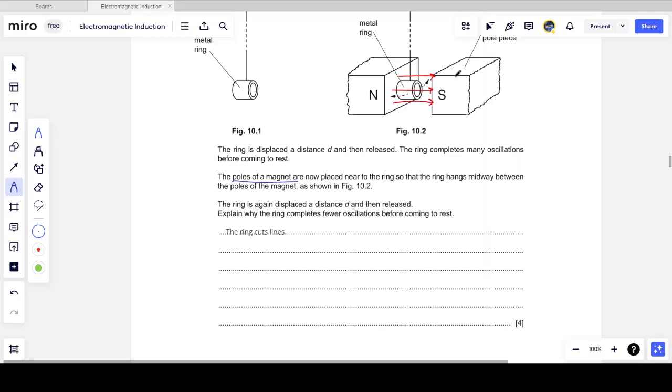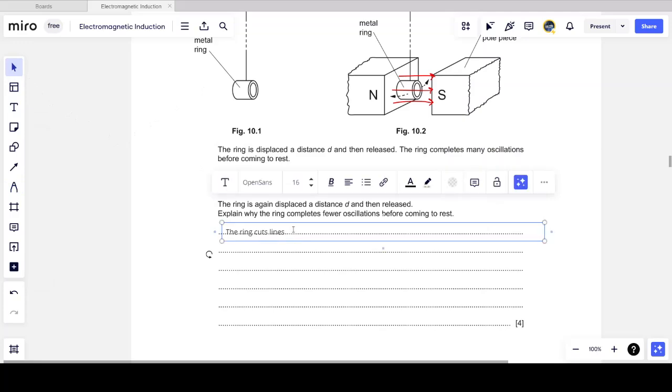And so when stationary, nothing's happening. The ring is not cutting anything. But when moving, parts of the ring are moving perpendicular to the field lines. And so there's cutting of field lines happening. So the ring cuts lines of magnetic flux, and you know what this does, which then induces an EMF in the ring.